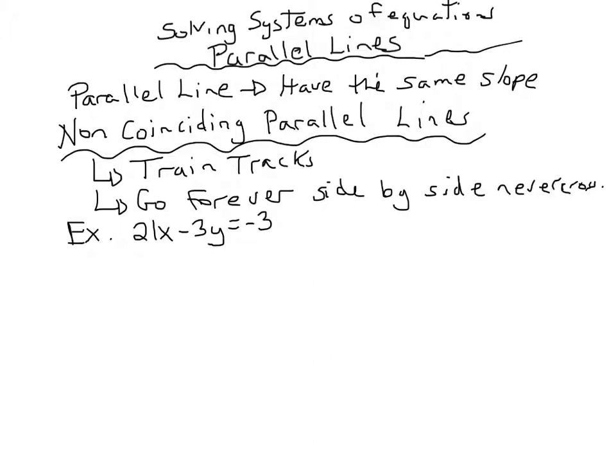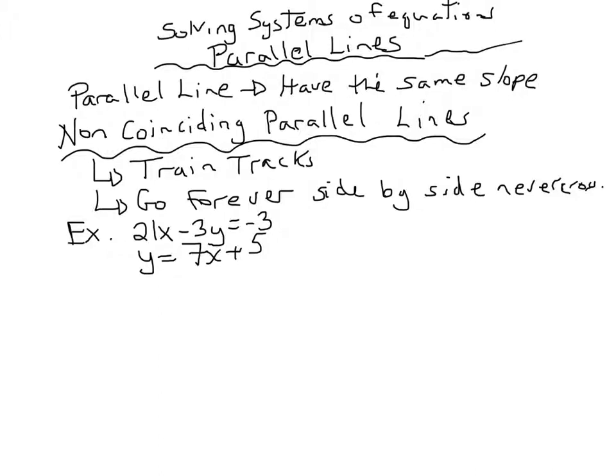The other equation is in functional form: y equals 7x plus 5. Looking at these two equations, there's nothing that tells you that you've got two parallel lines. If they were both in functional form, it would be really easy to see the slope is 7 and that they have the same slope, so they're parallel.